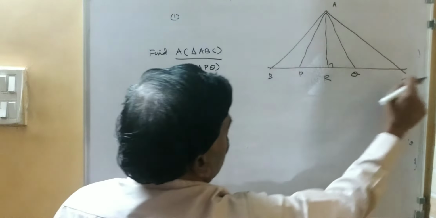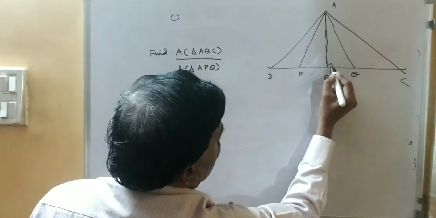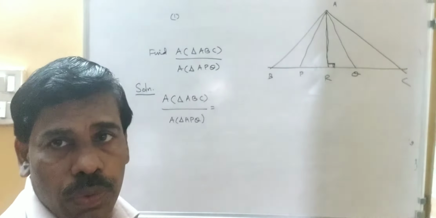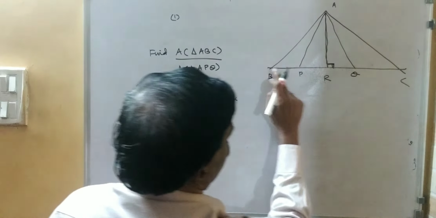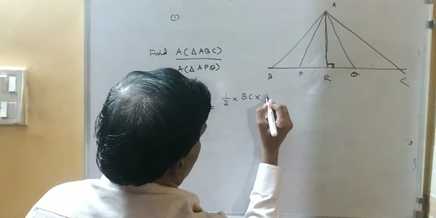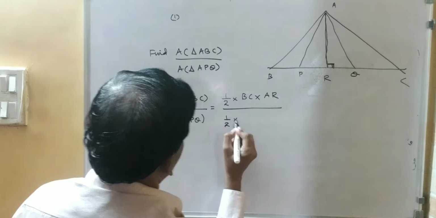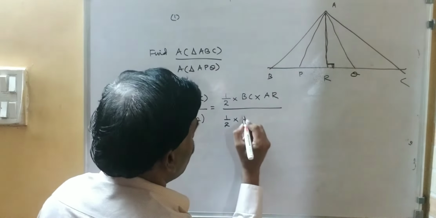This is the triangle ABC. What is the height? Height means 90 degrees upward. This is the perpendicular or the altitude. So half into base. What is the base? BC into what is the height? AR, upon half into what is the base of triangle APQ?